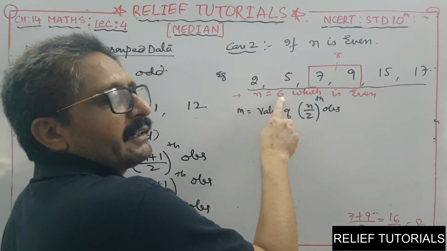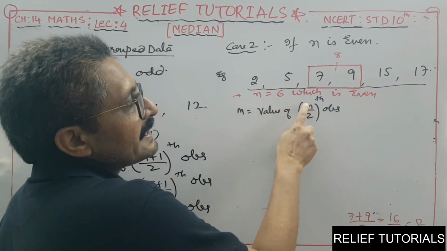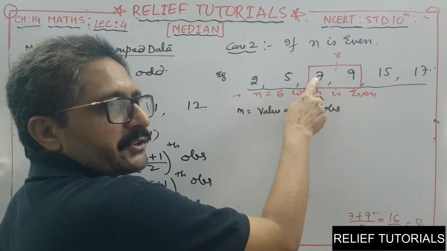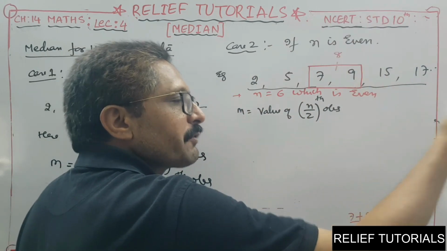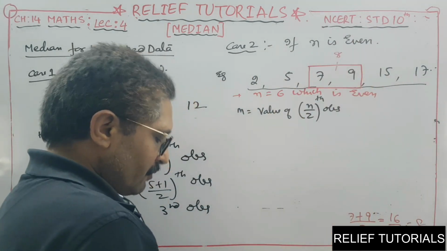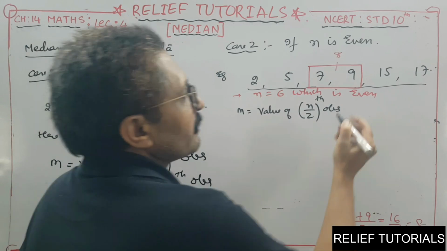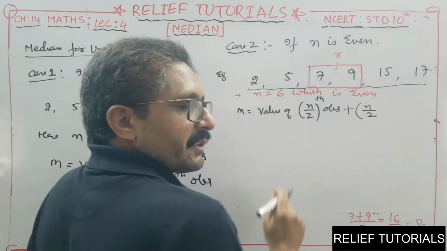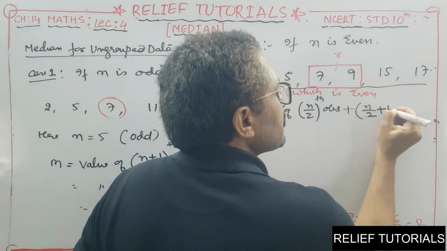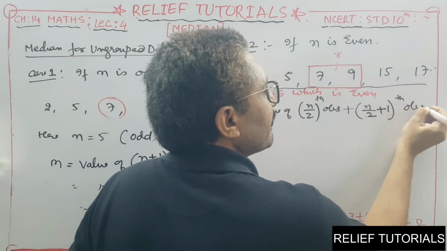So if n is even, you divide n by 2. So 6 by 2, you will get the third observation. And then you have to take the observation after that third observation, that is the fourth observation. How will you get that fourth observation? This is the n by 2 third observation, then for the fourth you have to add 1, that is the plus 1th observation.